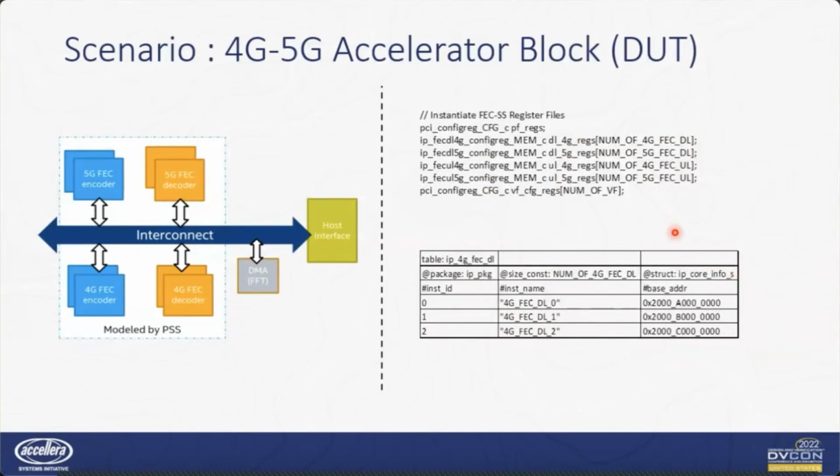And again, this is where the PSS randomization works very well with your eventual HSI sequence. So let's say I have randomized a 4G downlink scenario, and I have randomly picked instance number 2 for the transfer.